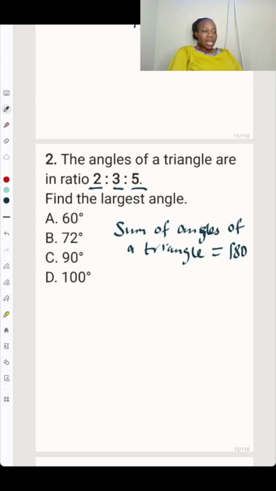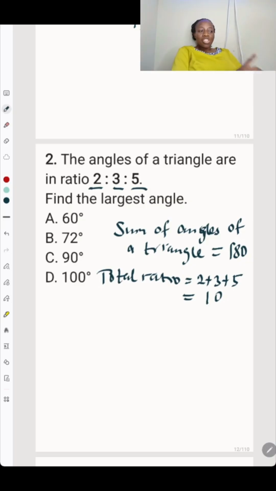Let's add the total portions that the angles are shared into. So we can find the total ratio: 2 plus 3 plus 5. This is 10. So the angles in that triangle are shared into 10.